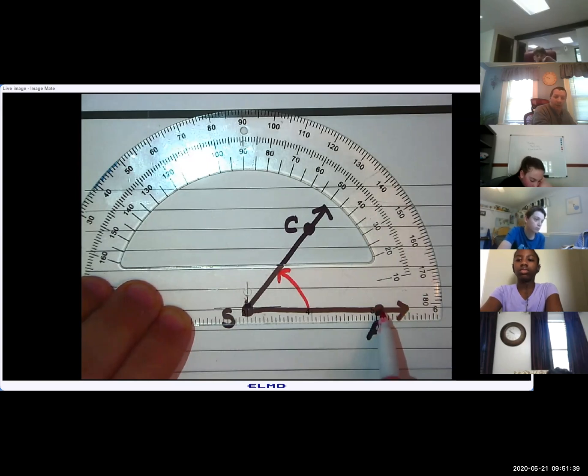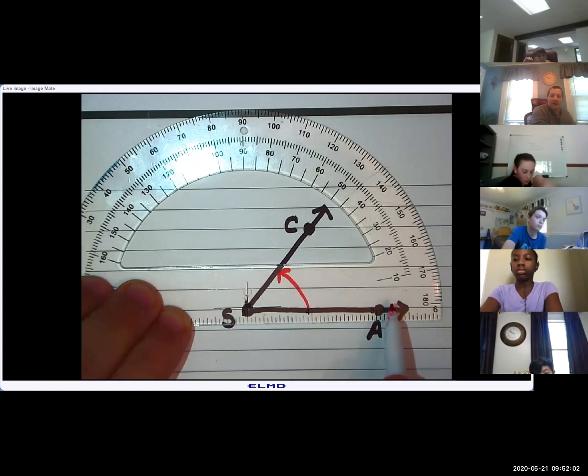Where's my 0? Is my 0 on the top row of numbers or the bottom row of numbers? Emma. Your 0 is on the bottom. Good girl. Keep your microphone right there.